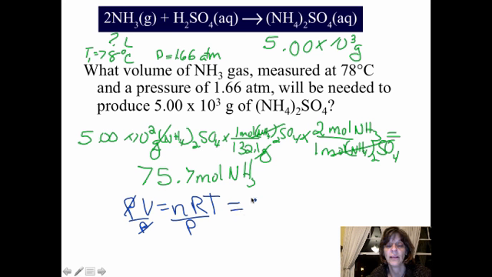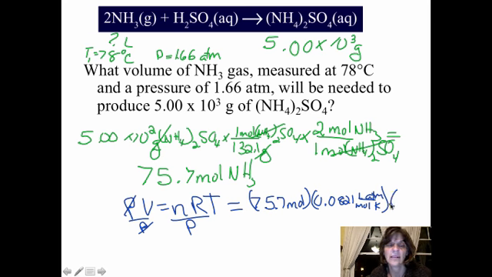So the volume is going to equal 75.7 moles. Now, which R value are we going to use? We have a pressure of 1.66 atmospheres, so the R value with atmospheres was 0.0821 liter atmospheres per mole Kelvin.